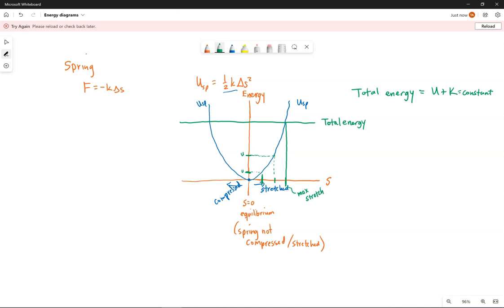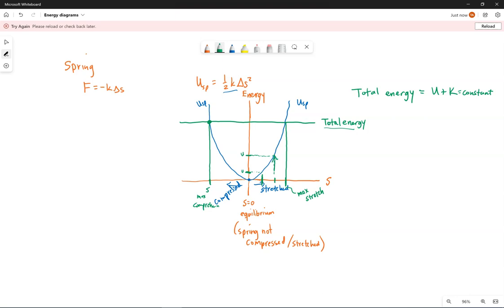So the most that spring has been stretched out is what determines that total energy. The same would be true if we were compressing a spring. If I drew a line down from that intersection, this would represent a maximum compression. So the total energy line is determined ultimately by how far the spring is compressed or stretched in total.